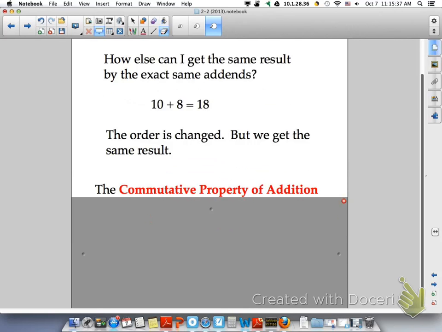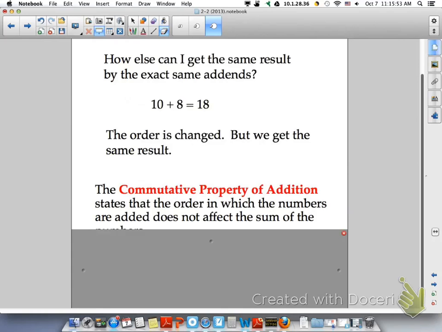Now, according to this property, can someone state this property in your own words based on what we just talked about? Yes? Well, probably the switching of two numbers to get the same result. Okay. So the property states that the order in which the numbers are added does not affect the sum of the numbers.